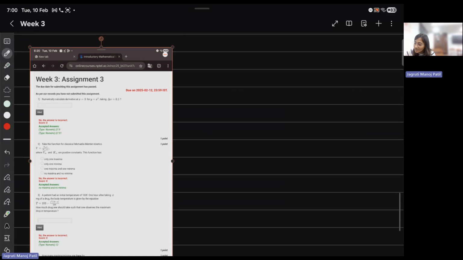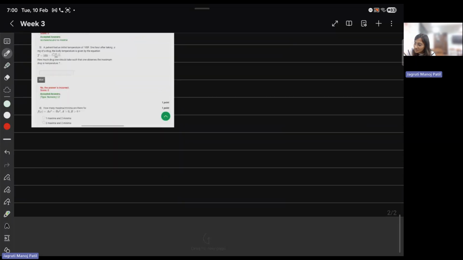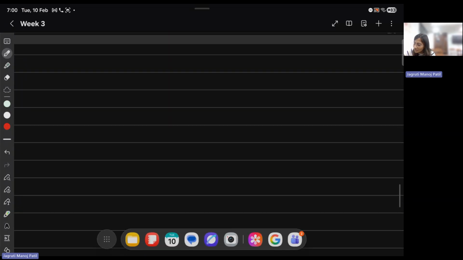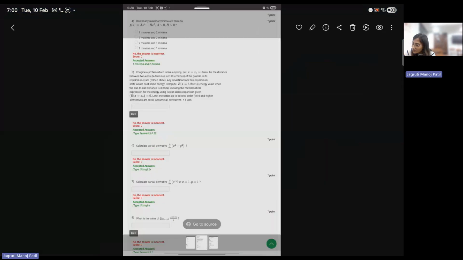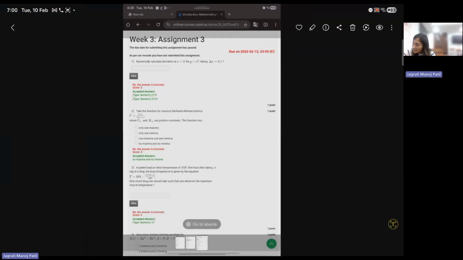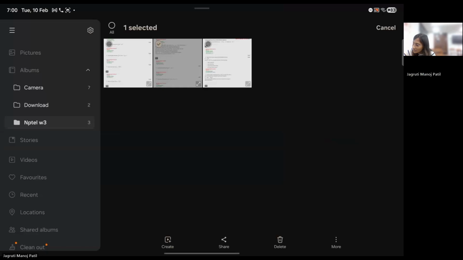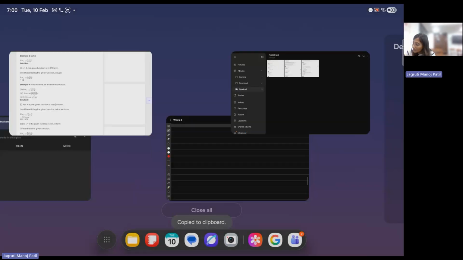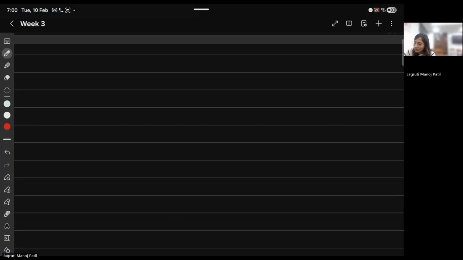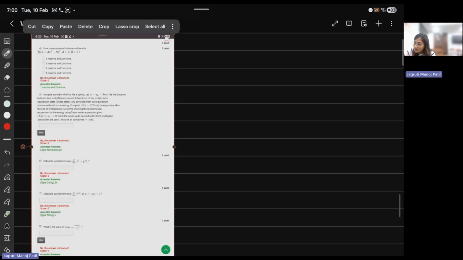Paste. Oh, great, that works. Similarly, for the second one, where's the gallery? Here. Again, we do the same thing. Copy to clipboard. Paste. Okay.